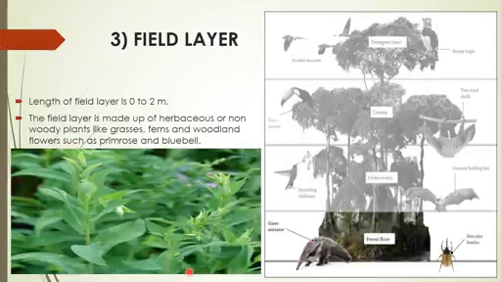It contains flowers, which have a stem and simply a flower, such as primrose or bluebell. It can be any plant having a height of 0 to 2 meters. It will be in the category of the field layer.